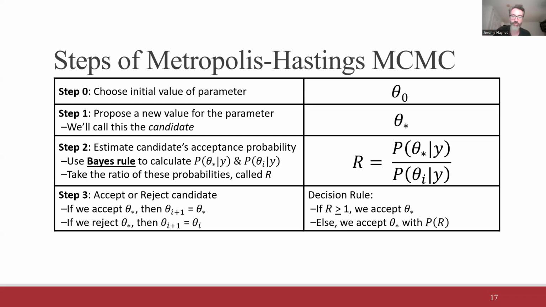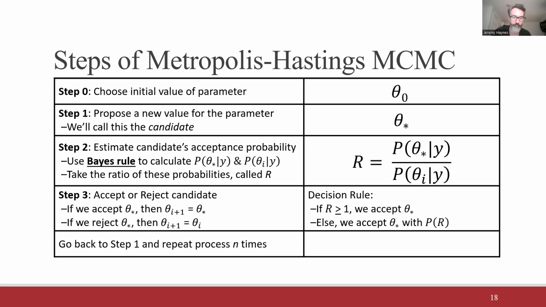And so by treating that ratio as a probability and occasionally accepting some of those very low probability candidate values, we can actually fill out our posterior distribution more accurately. Okay. And then finally, we're just going to repeat steps 1 through 3 over and over and over, n number of times.